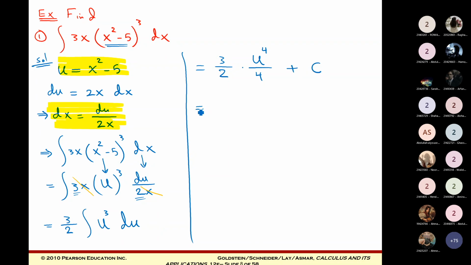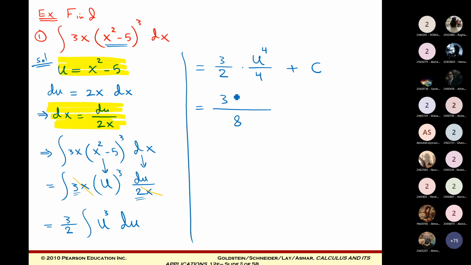The example was with respect to x. After finishing the integration, we have the answer with respect to u, so we must return to x. So we have 3 in the numerator, and in the denominator 2 multiplied by 4 equals 8. What's the value of u?